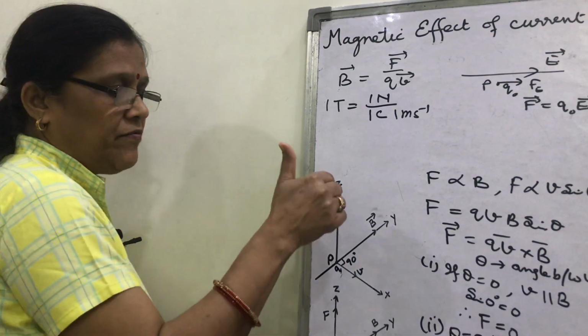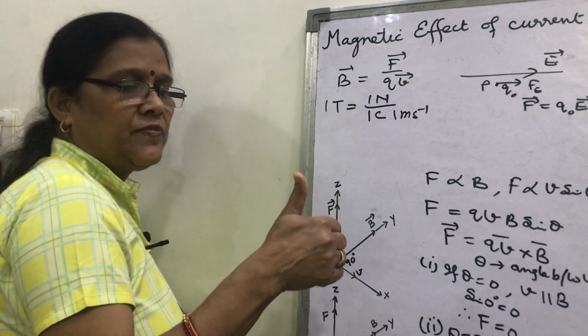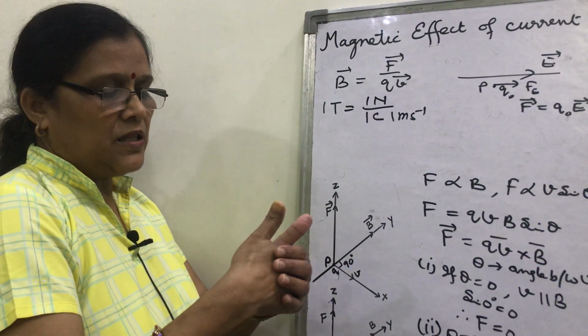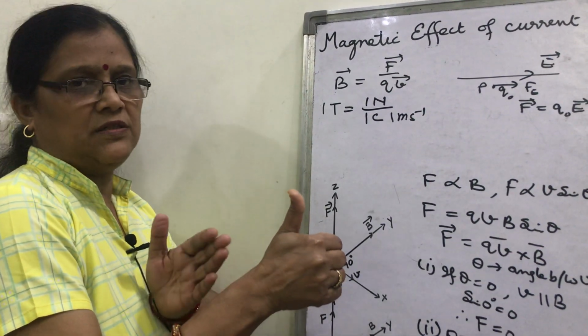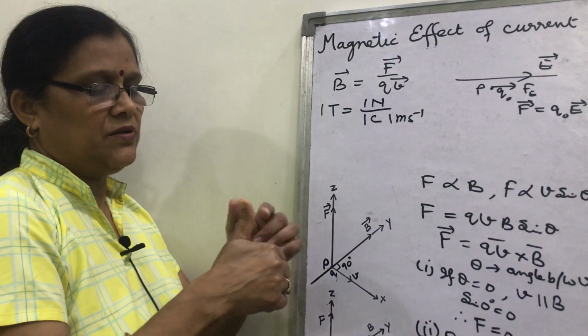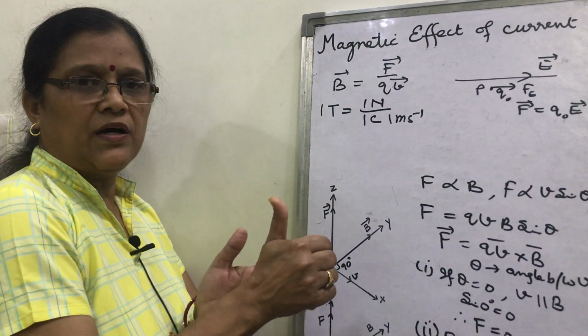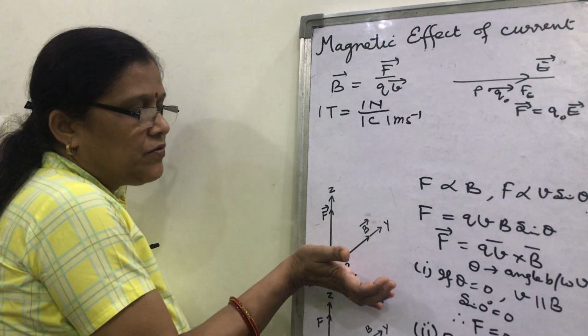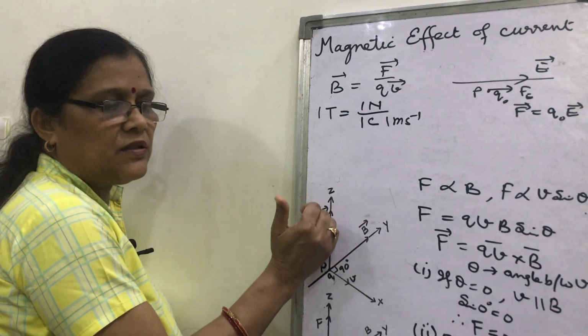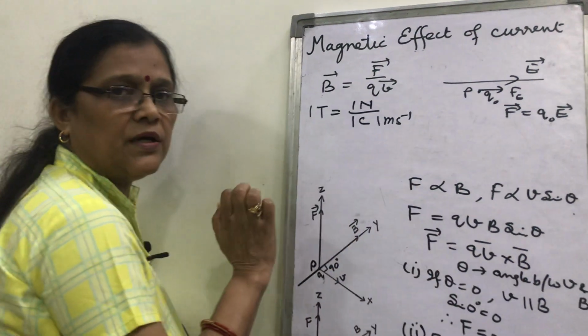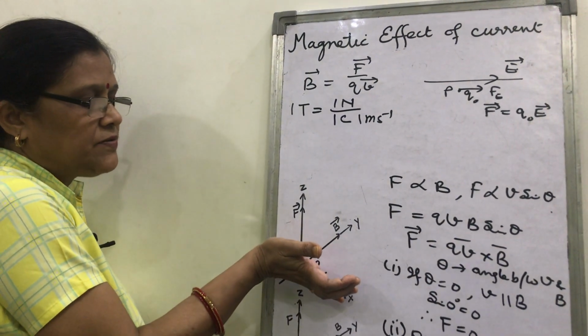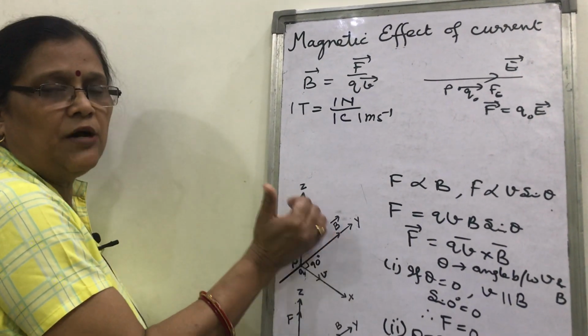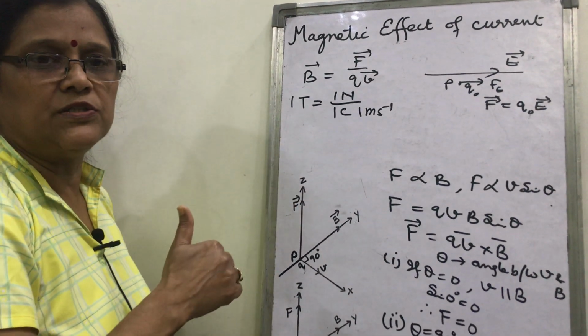Listen again: in the right hand, the thumb and the curling of the fingers, perpendicular to the thumb, and the curling of the fingers denotes the angle from V towards B. This is qv cross B. Then with the curling of the fingers from V to B, the thumb gives the direction of force.